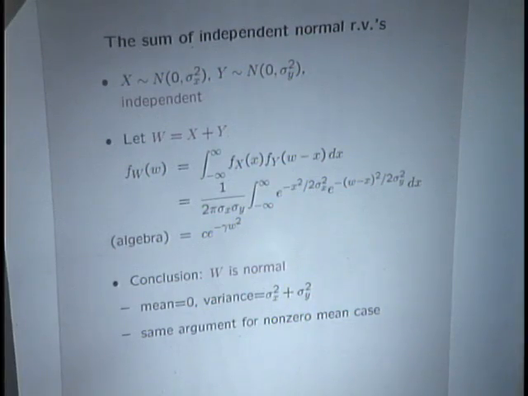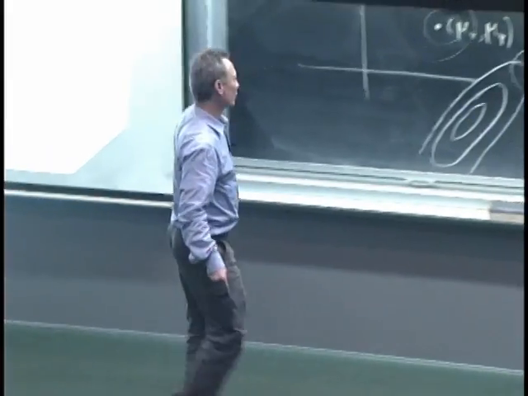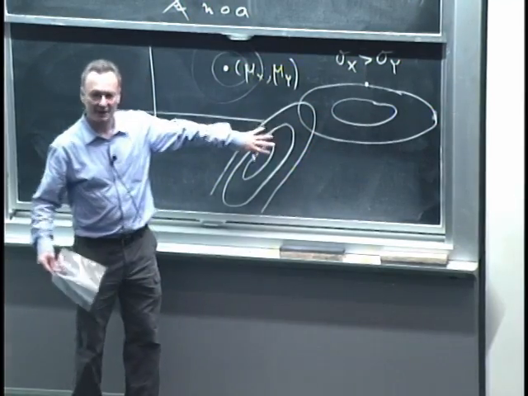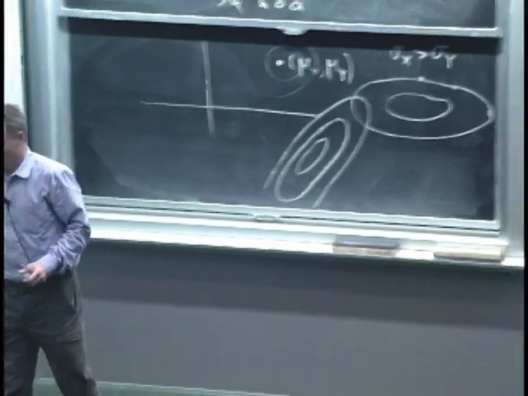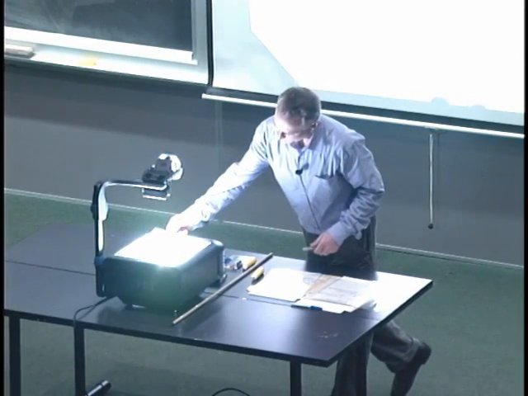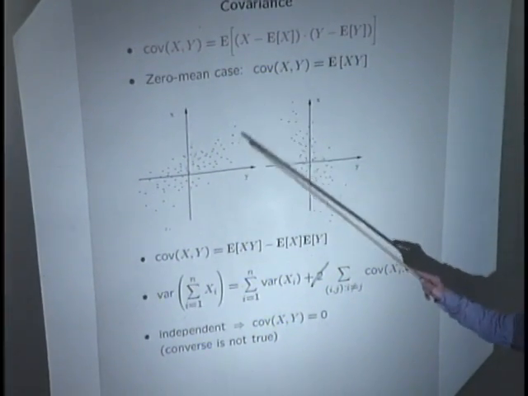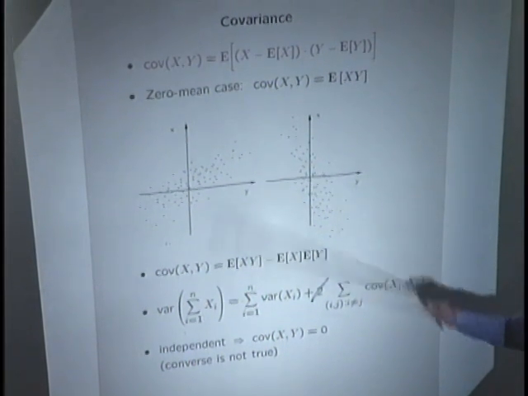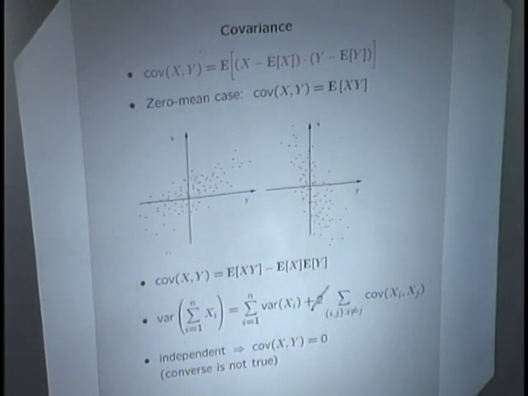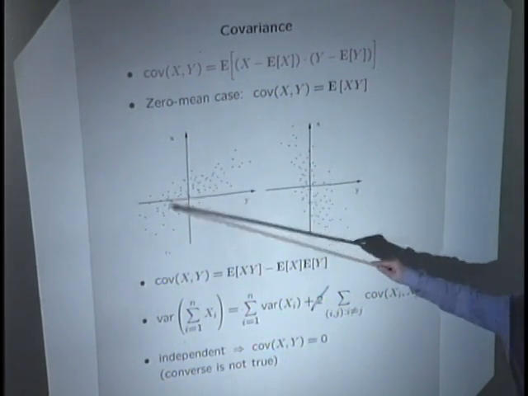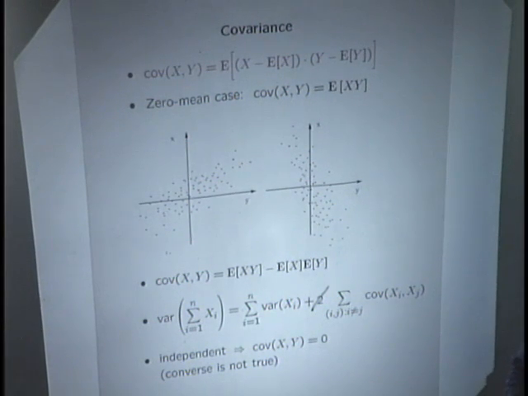So now let's return to the comment I was making here, that if you have a contour plot that has, let's say, a shape of this kind, this indicates some kind of dependence between your two random variables. So instead of a contour plot, let me throw in here a scatter diagram. What does this scatter diagram correspond to? Suppose you have a discrete distribution and each one of the points in this diagram has positive probability.